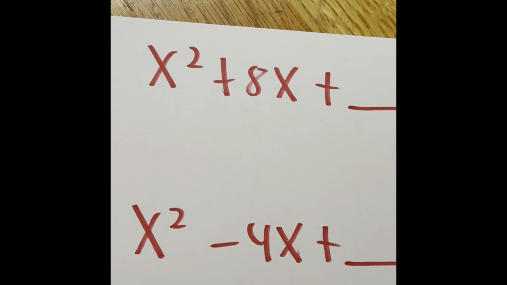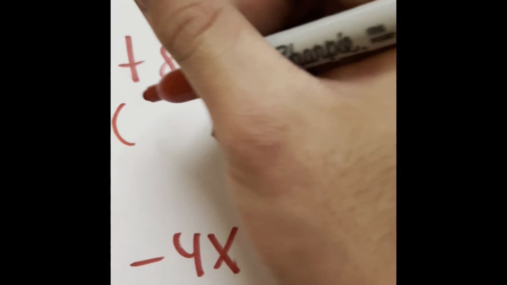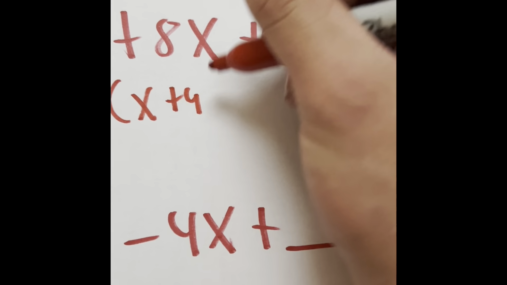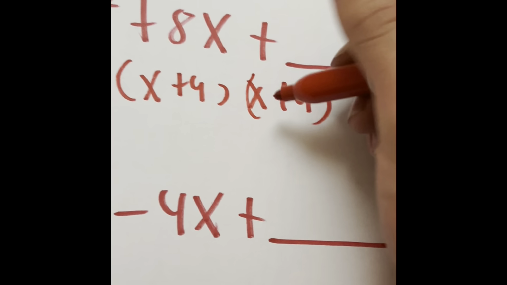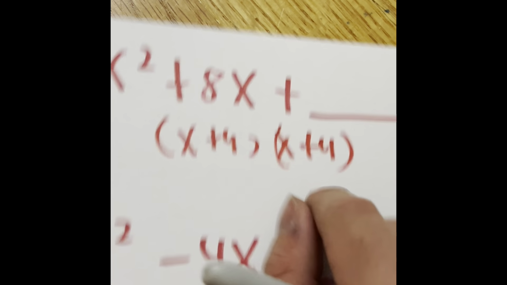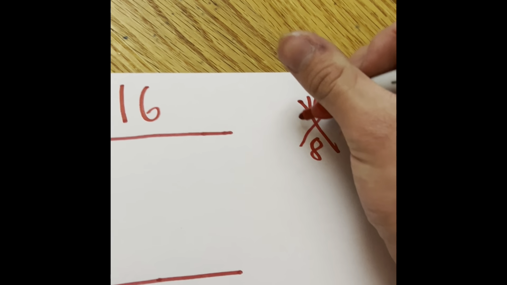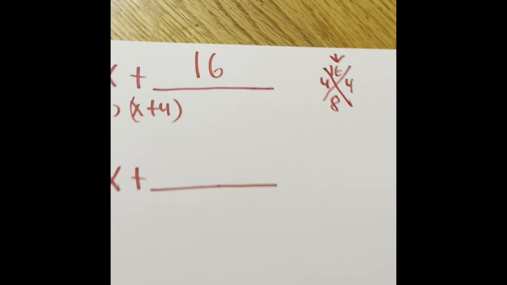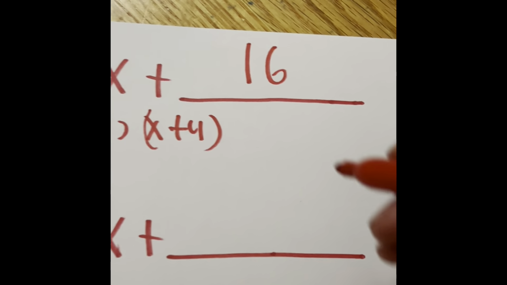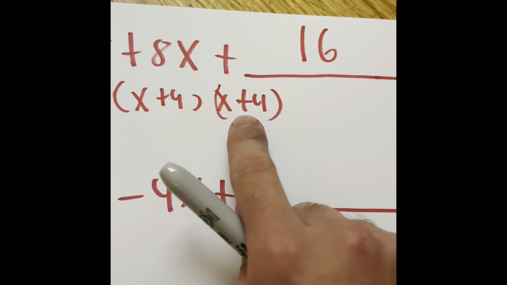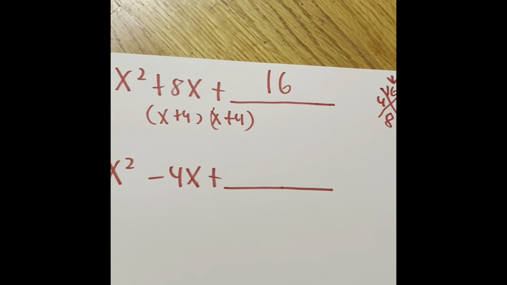Well, if we do 4 and 4, where x plus 4 and x plus 4, that brings us to this and that, and 4 times 4 is 16. So 16 has got to be our answer. So that is going to be x squared plus 8x plus 16. So 16 is our c value.